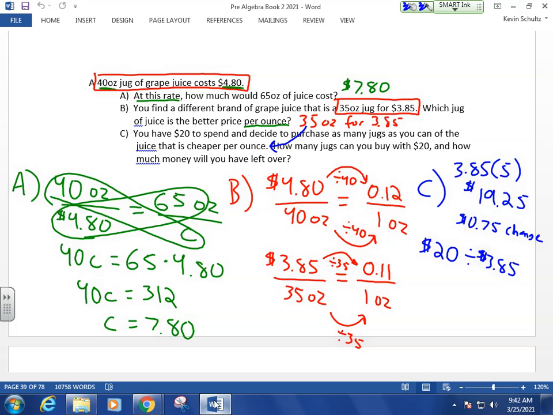And we get 5.19 as an answer for this. Okay? Which means that we can buy 5 whole jugs of juice with a little bit left over. Right? So then, once you realize that you can buy 5 of them, now you'd figure out exactly how much 5 jugs cost by multiplying that by 385. You get the 1925, and we still get the 75 cents change there.